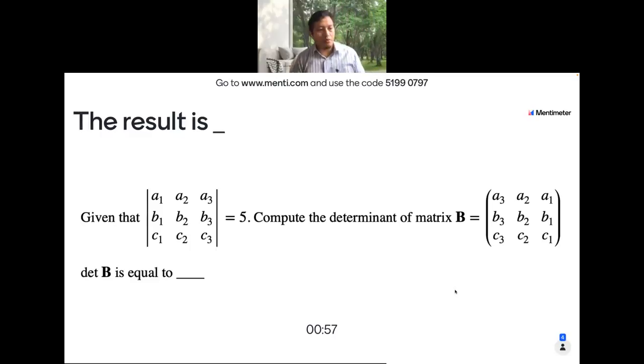If the determinant of A1, B1, C1, A2, B2, C2, A3, B3, C3 is 5, what is the determinant of the matrix B? You can see the matrix B. I think I mentioned this in the morning class, so I hope you still remember.